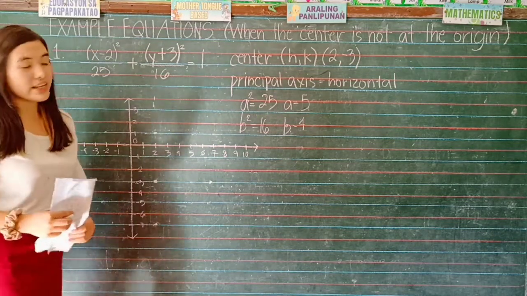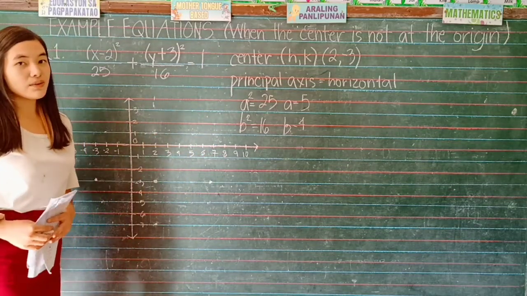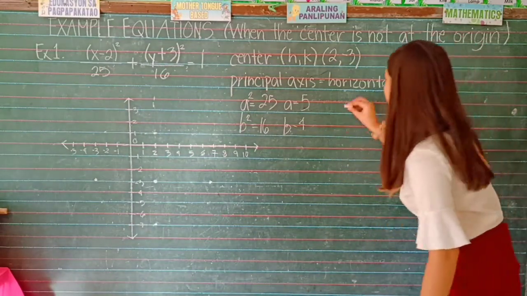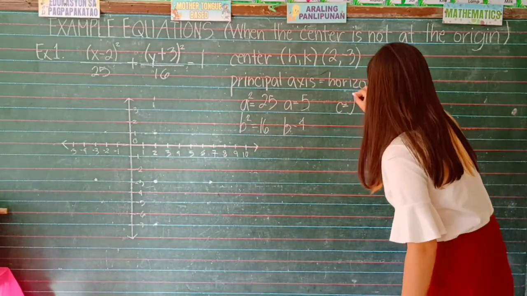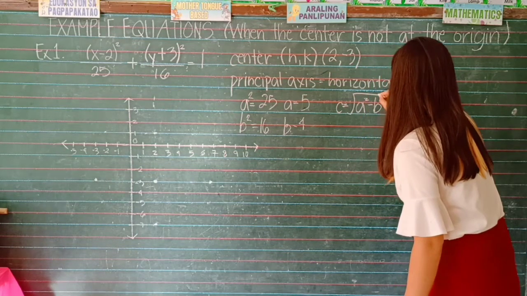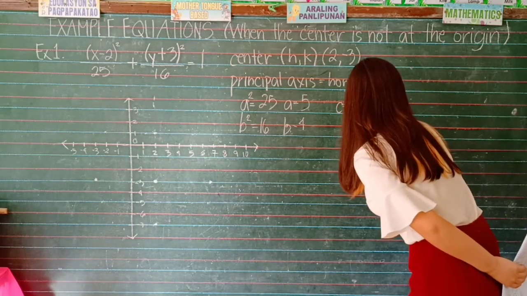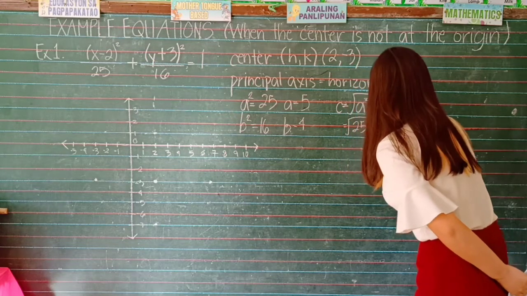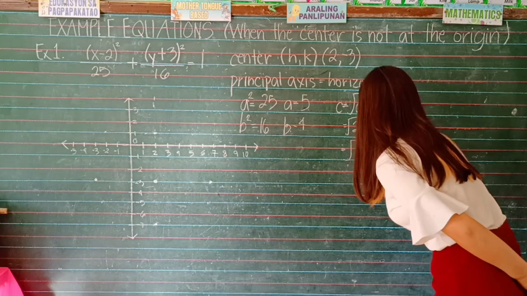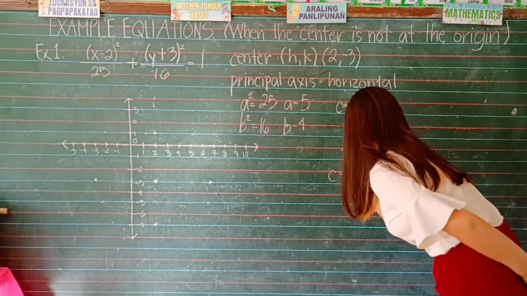Now that we already have the value of a and b, let's proceed in finding the value of c. As I explained earlier, the formula for c is the square root of a squared minus b squared. a squared is equal to 25, b squared is equal to 16. 25 minus 16 is equal to 9, and the square root of 9 is equal to 3.